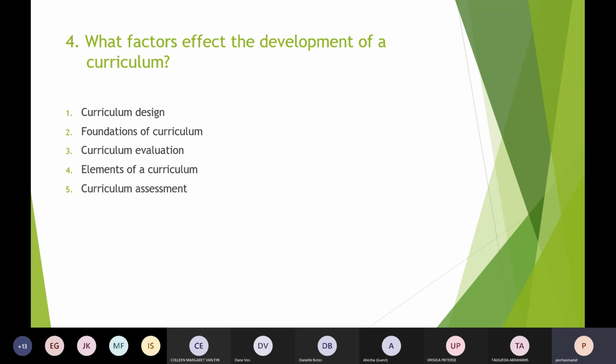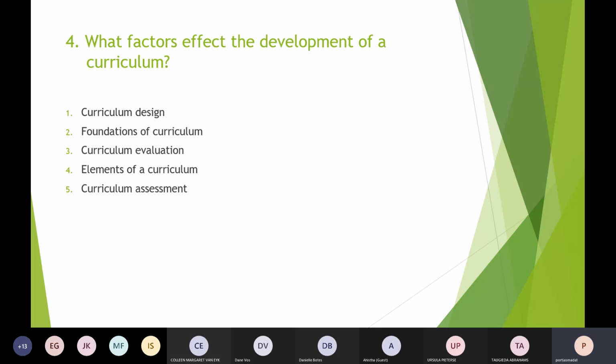So let's look at number 5, curriculum assessment. What is curriculum assessment? It's the activities and assessments you do with the children to see if they have achieved the goal. Right, yes.